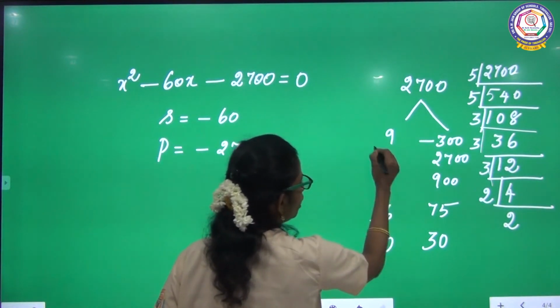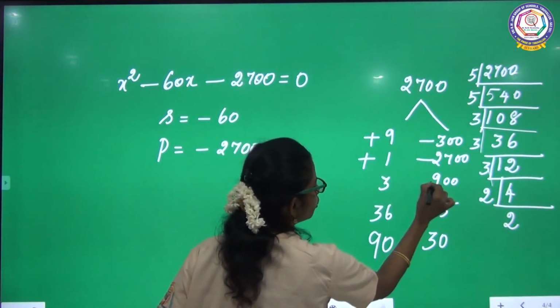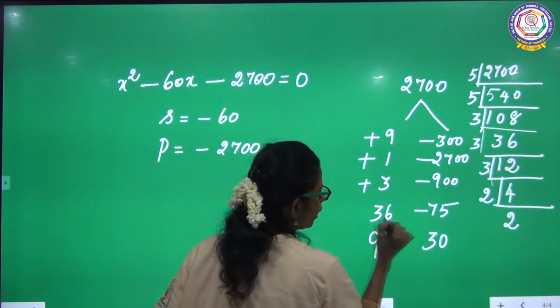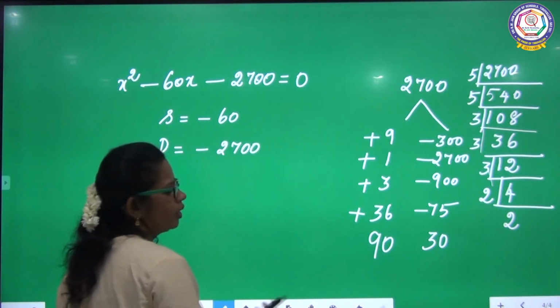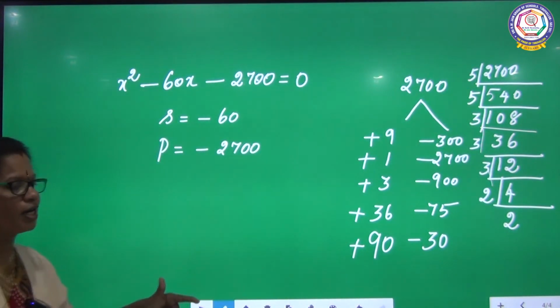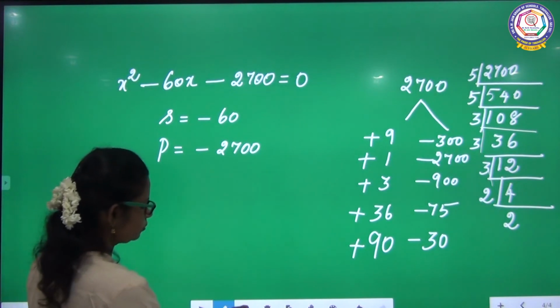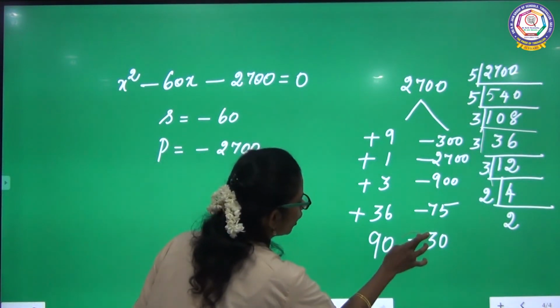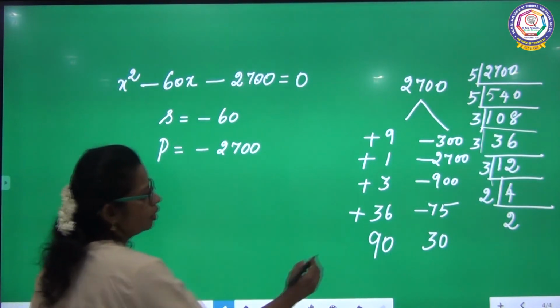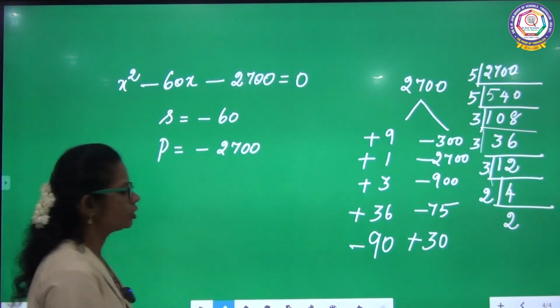Sorry, I committed a mistake. Bigger number negative, smaller number positive.